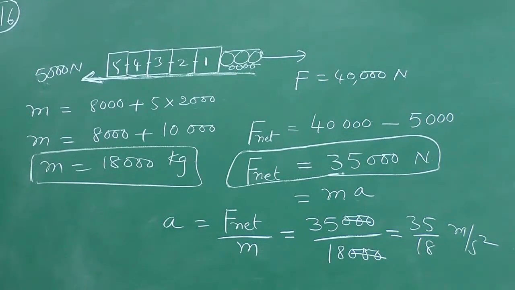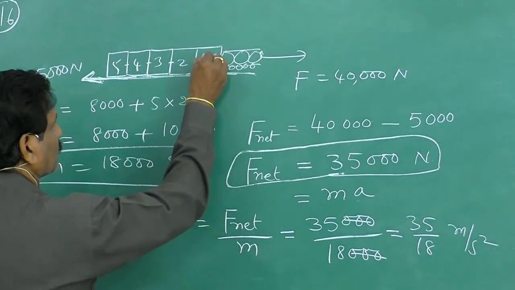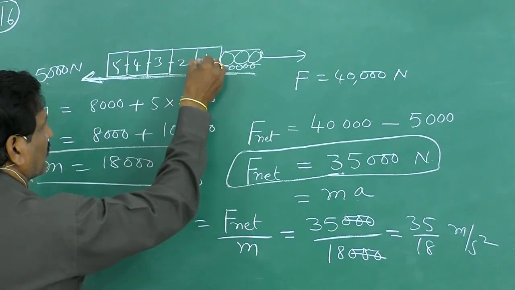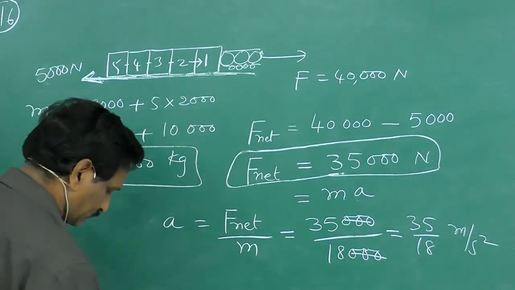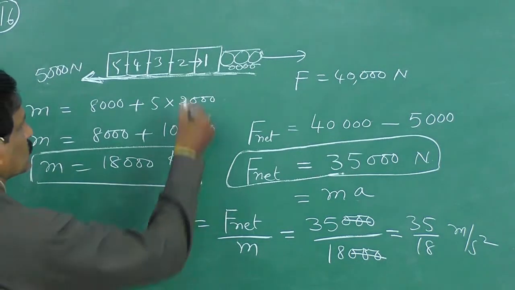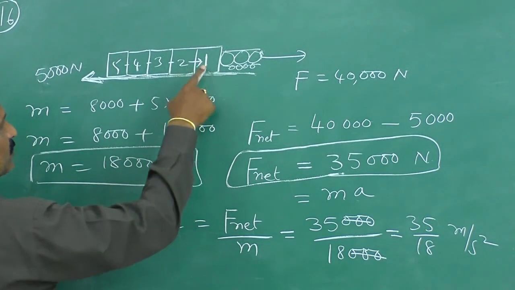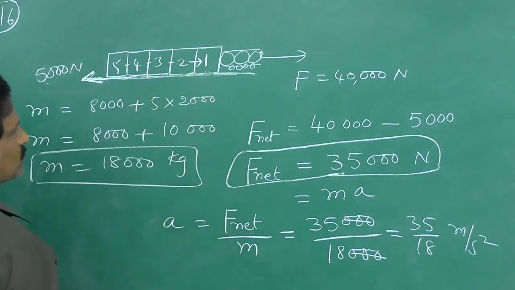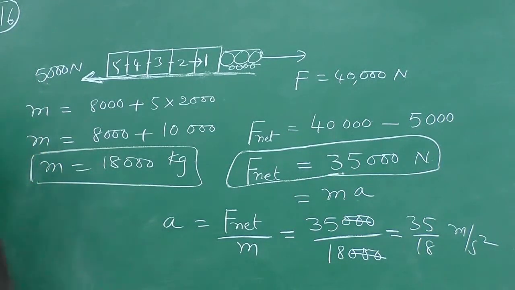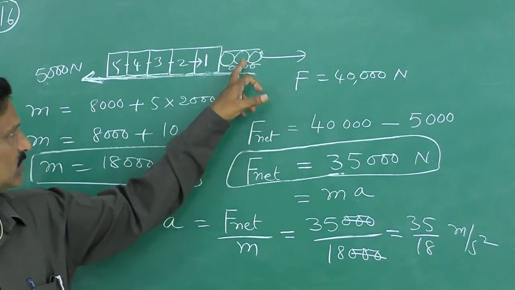And we have to calculate the force of wagon 1 on wagon 2. So this is wagon 1 and it exerts a force on wagon 2 like this. So we have to calculate the force exerted by wagon 1 on wagon 2. Here the net force acting on the system is 35,000 Newton, and this 35,000 Newton is exerted by the engine on the wagons.